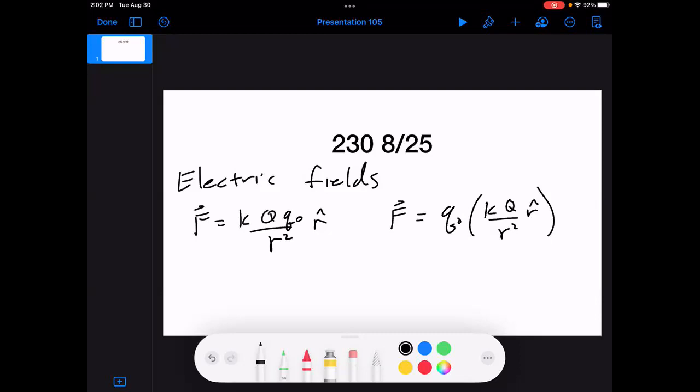So this right here would be the electric field. The electric field due to some point charge Q is KQ over R squared in the R hat direction.